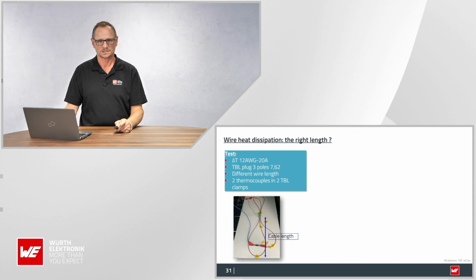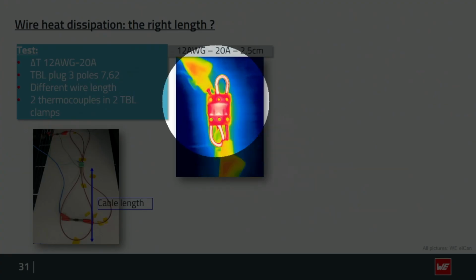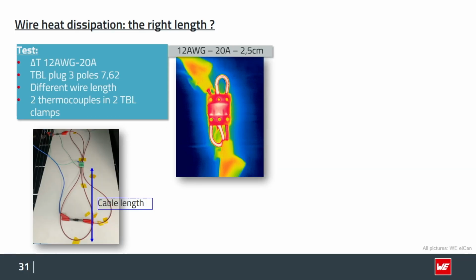We changed it, and we had 2 thermocouples here, like before. What the camera showed here, you see we have 2.5 centimeters in between. These bridges are very, very hot, as you can see. And the outgoing cables on the upper left-hand and lower right-hand side are more red, which means they are not as hot as these bridges.